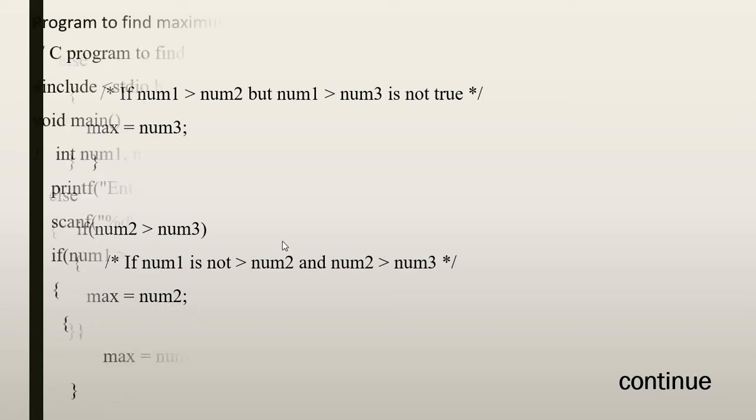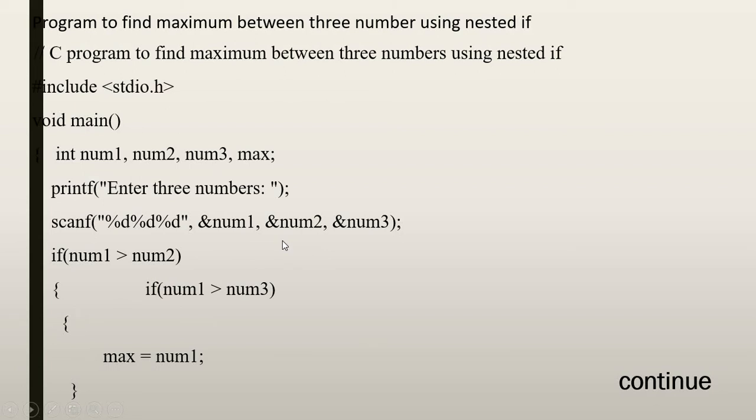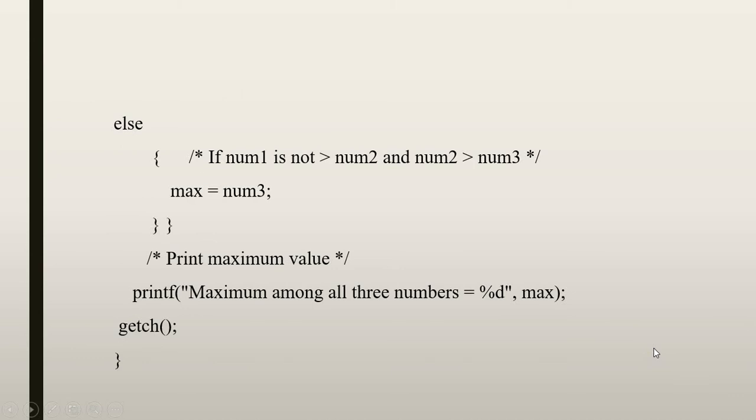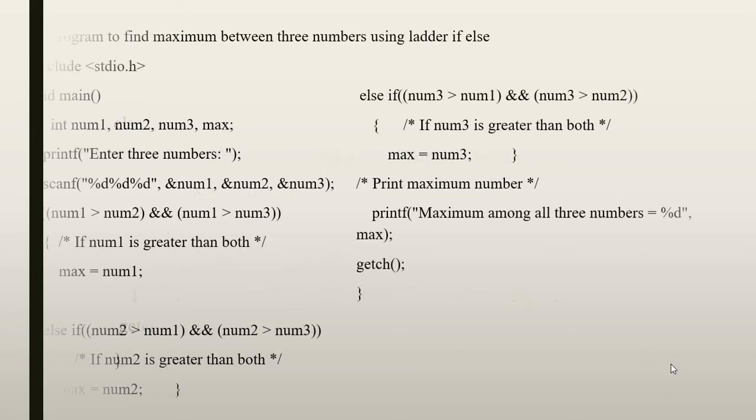Means all the maximum numbers, that is the largest number, is stored within the max. Either number 1 is the maximum, or number 2, or maybe number 3. So all the maximum values get stored within the max variable. Last part, it will print the maximum value over here.